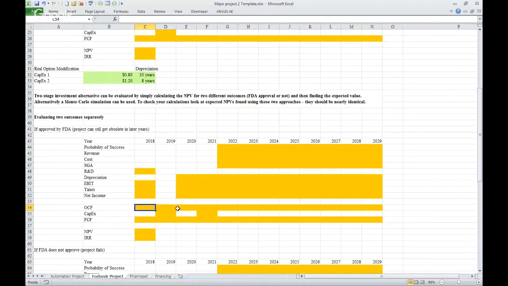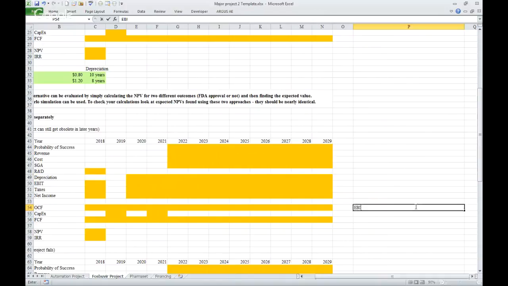Therefore, for operating cash flow, a good starting point will be earnings before interest and taxes, because this is before financing, and therefore it will be earnings before interest and taxes times 1 minus the tax rate.